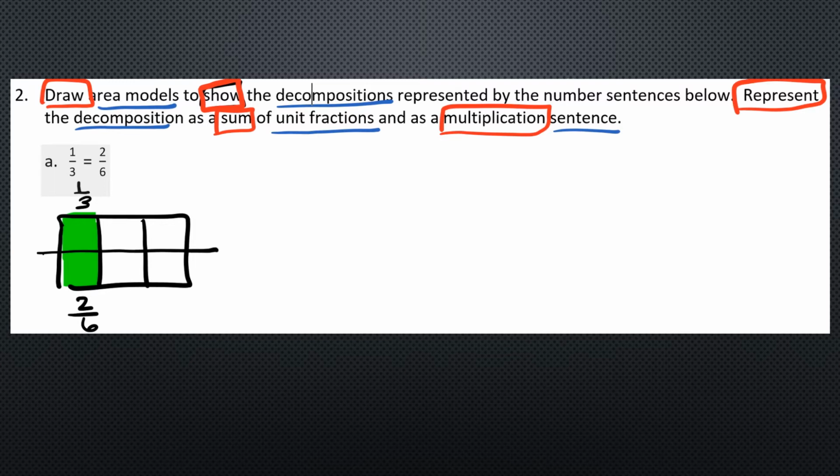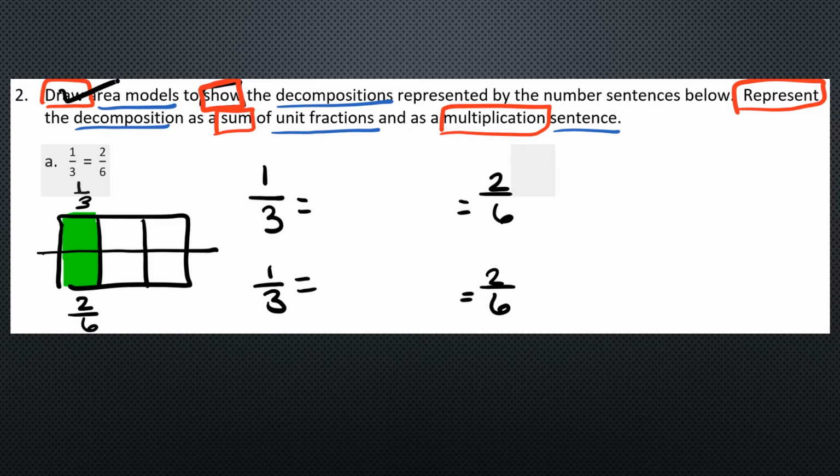And now I just write that story. The beginning of my story is 1/3, and I know it's going to be the beginning no matter what I'm doing, adding or multiplying. And I know the end of my story will be 2/6 no matter what, whether I'm adding or multiplying. So I can fill in those pieces right away.